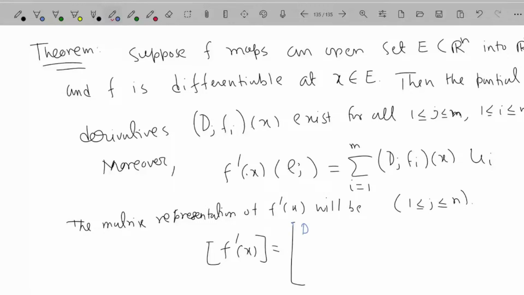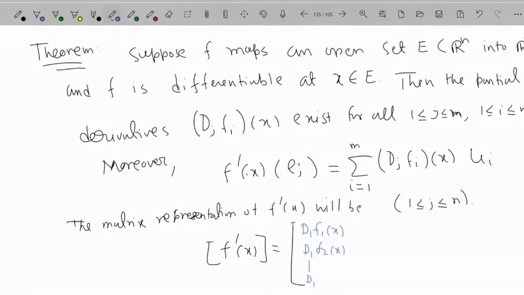So D1 F1 at the point x, then D1 F2 of x, in this way D1 Fm x.